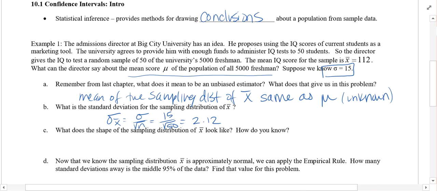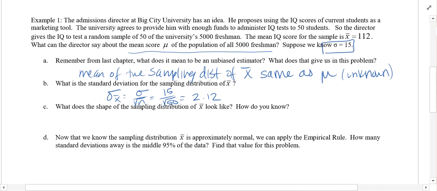Okay, what does the shape of the sampling distribution of x bar look like? And how do we know? That's again straight from last chapter. So we have a sampling distribution for the means. How do we know if it's normal? We have two options. Either the population is normal, or we can use the central limit theorem, and n has to be large. Here, we don't even know what the population mean is, so we definitely don't know what the population shape is.